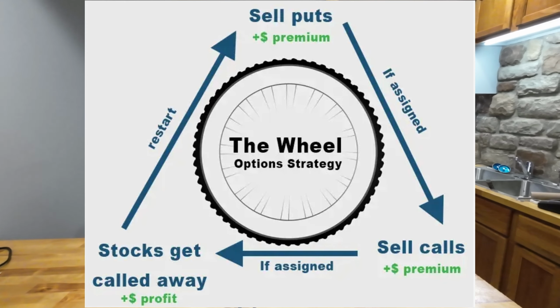Now on this infographic here that I have up on the screen, this shows the wheel strategy in principle. At the top is where we start, and that's where we sell puts. So today's example is going to be Clean Spark. Back at the time of doing this, it was around $11.